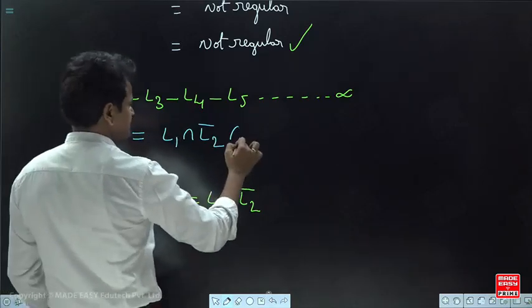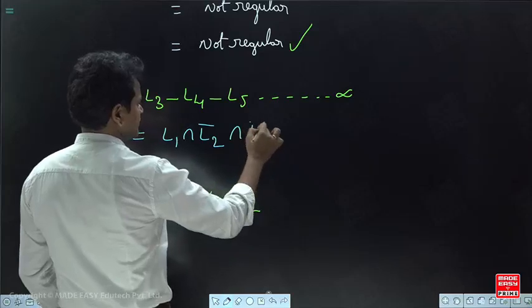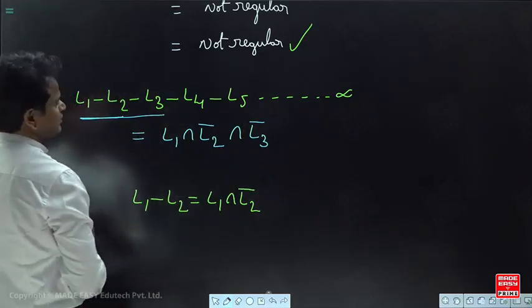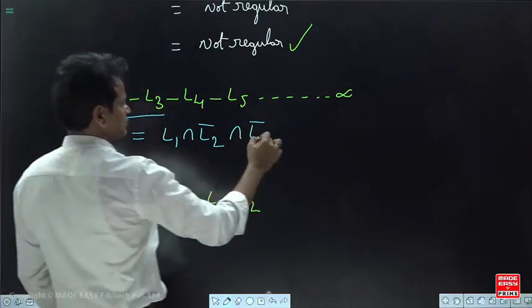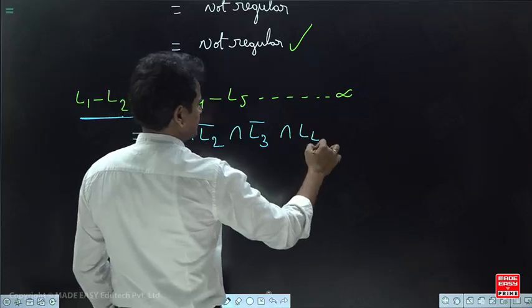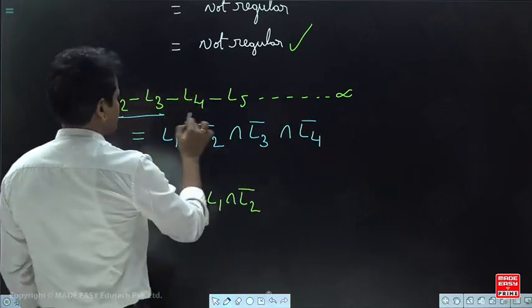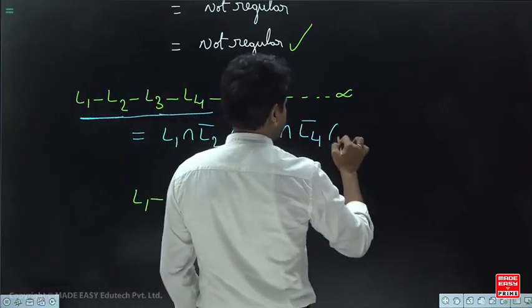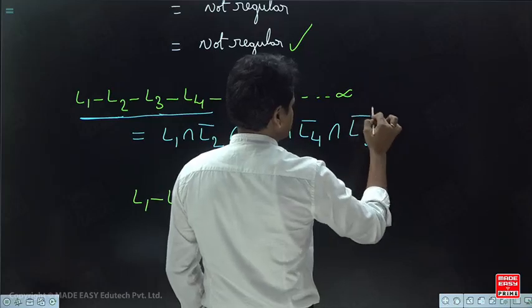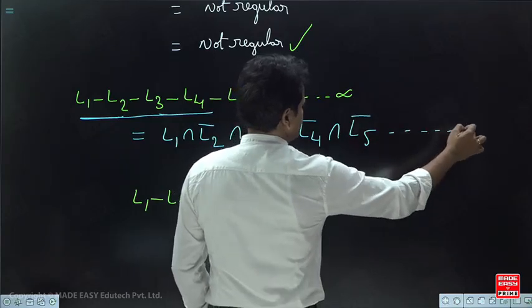This intersection L3 bar. Now this minus L4, so intersection L4 bar. Next minus, this intersection L5 bar, and so on, infinite.